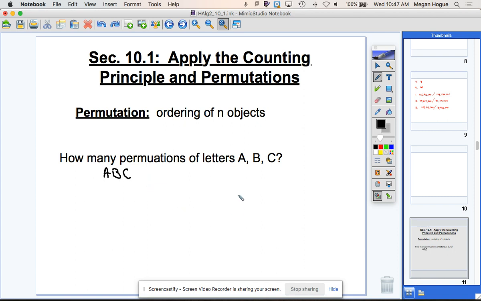Lily, you just want to write it out? Yeah, I just write it out. So why don't I let you guys go about your own way? I don't know if you can do a chart with 3, but I would write it out. I'd do a tree diagram. I think both of those are very similar. So I'll give you a chance to write that out, and then I'll get them up here, and we'll see if we can agree on the ways.